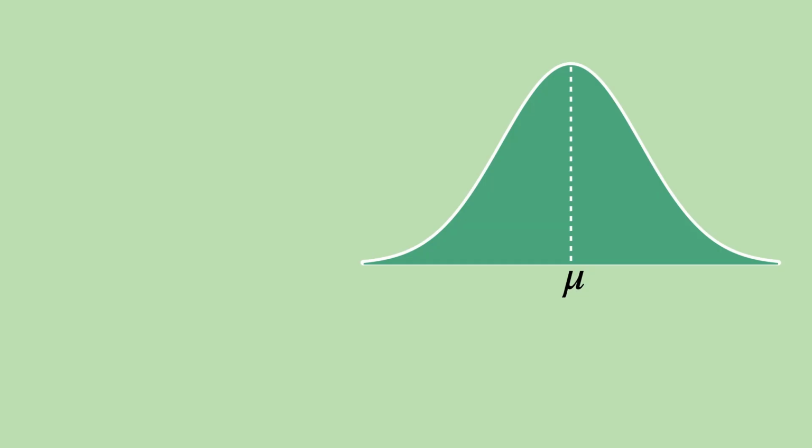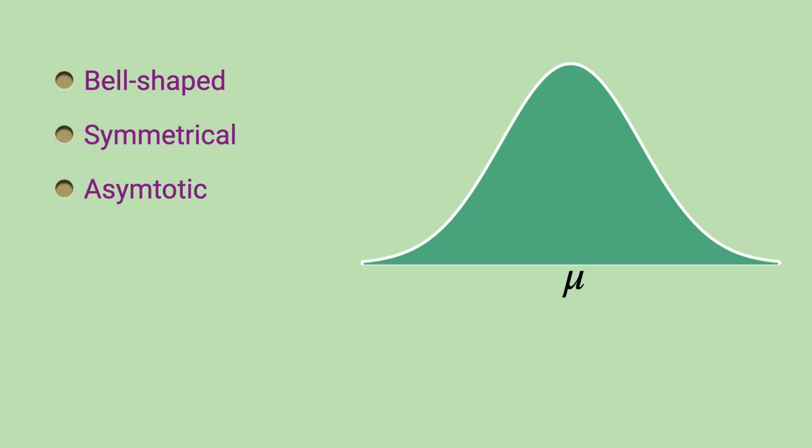So, up to now, we can briefly say a normal distribution describes the frequency distribution of many variables in nature. The curve is bell-shaped, symmetrical, and asymptotic to the x-axis. These are the common features of the normal distribution.